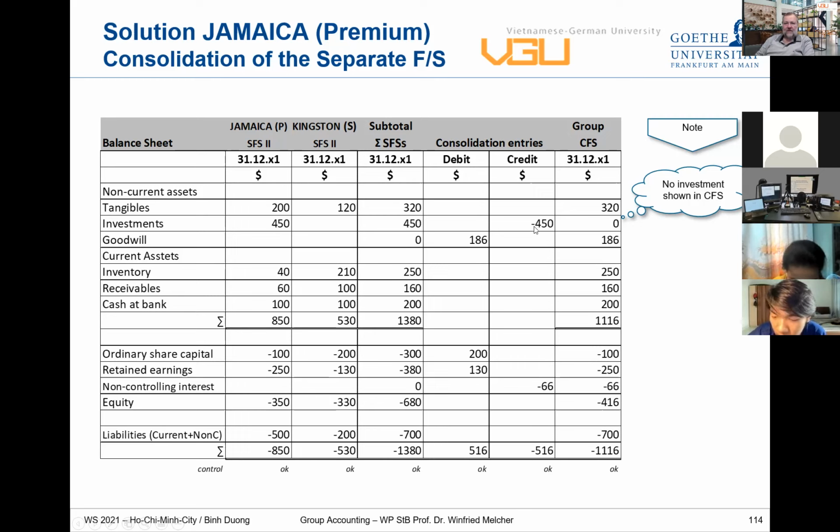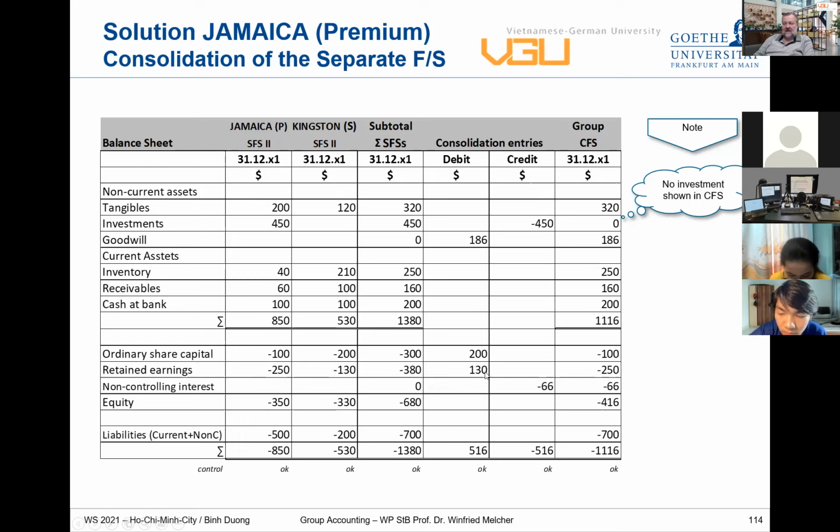We have to eliminate 100% of the ordinary share capital and 100% of the retained earnings. So we will enter a debit of 200 and a debit of 130 here to eliminate the ordinary share capital and the retained earnings. So in the end, you will see only the ordinary share capital of the parent, which is 100, and the retained earnings of the parent.